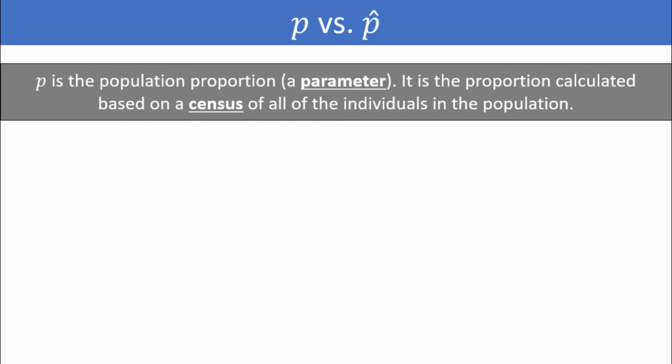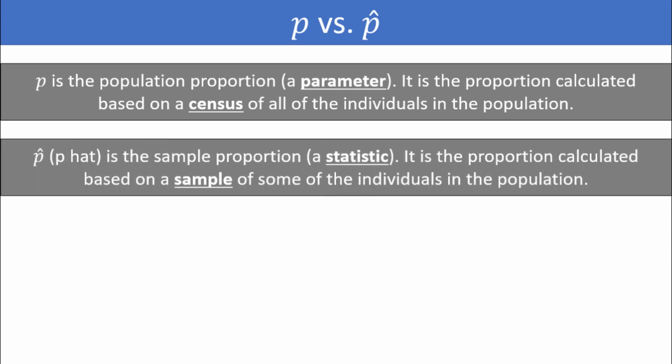P is the population proportion, which makes it a parameter, as it is based on everyone in the entire population. This value is the proportion calculated based on a census of everyone in the population. P hat, on the other hand, is the sample proportion, which is a statistic as it is based on a sample. It is the proportion based on only some of the individuals in the population.